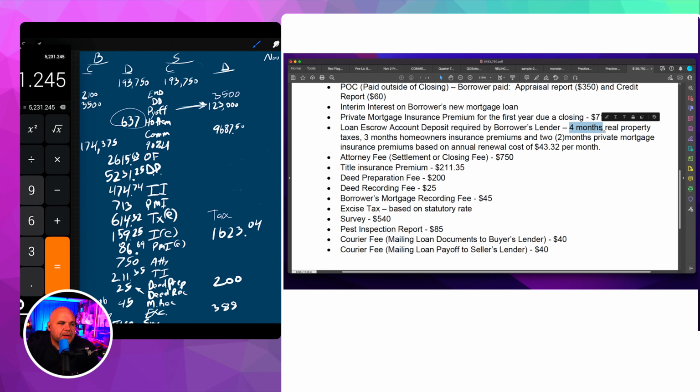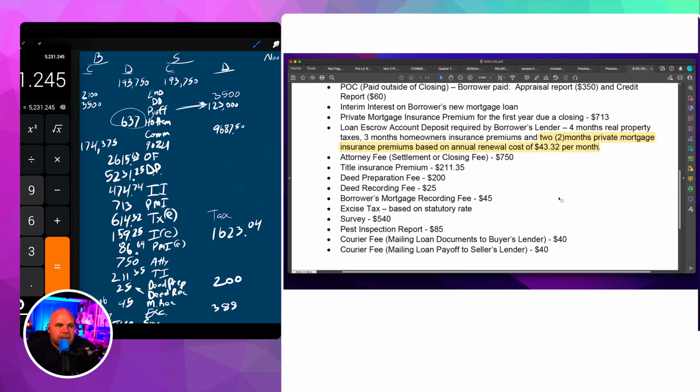And then here's a little kicker. What we saw on that problem we did from the exam last week, this past week, they handled this PMI escrow thing. They said it's 0.35% of the premium or something. You might also see it this way. Notice it says 2 months private mortgage insurance premiums based on an annual renewal cost.